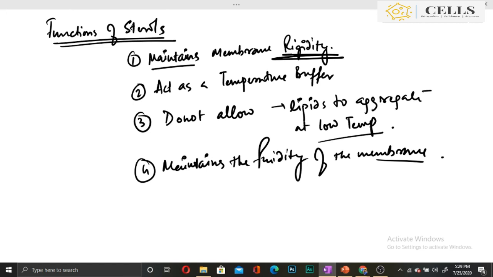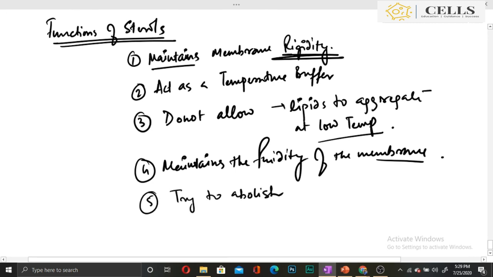But if sterol is present, if cholesterol is present, what will happen? They will try to abolish the transition. That is also a very, very important point.